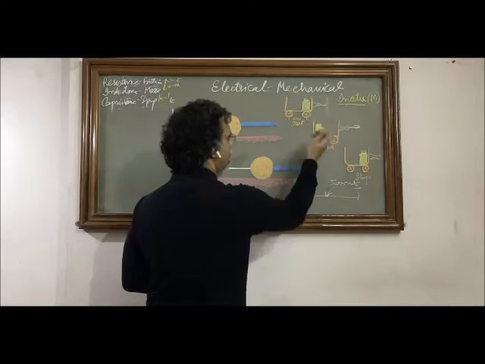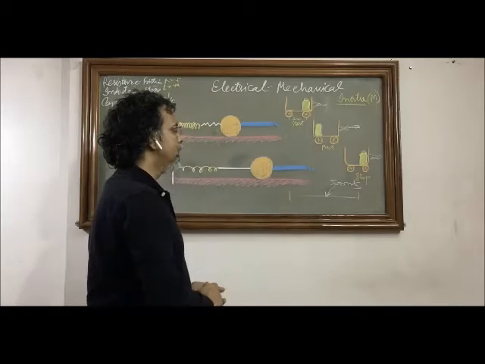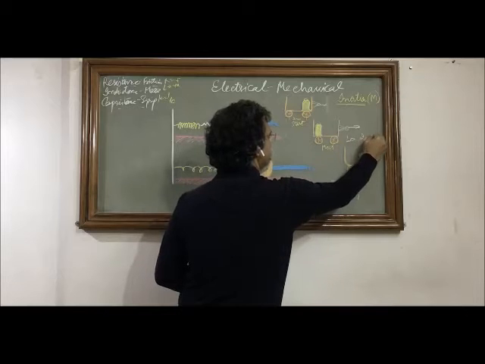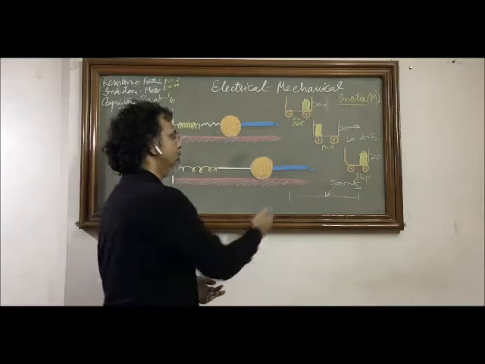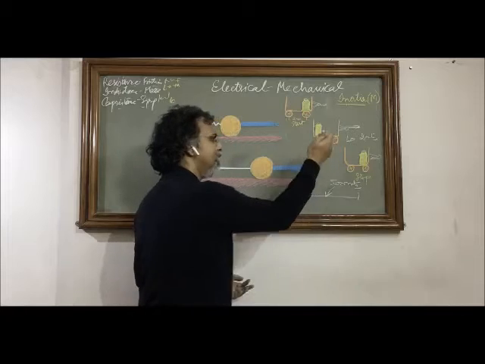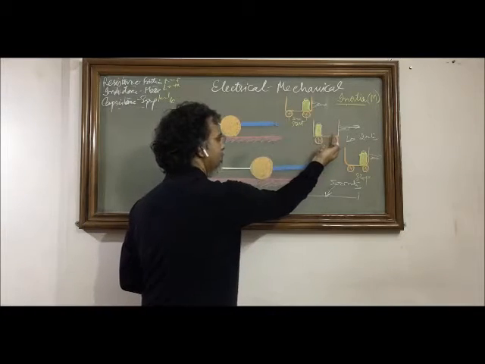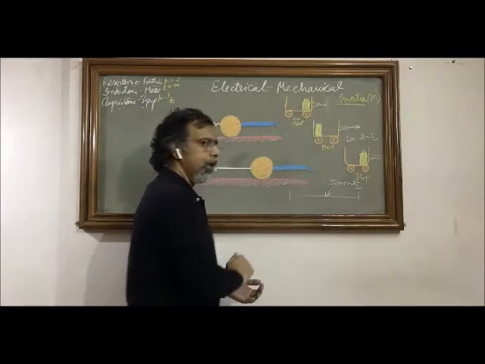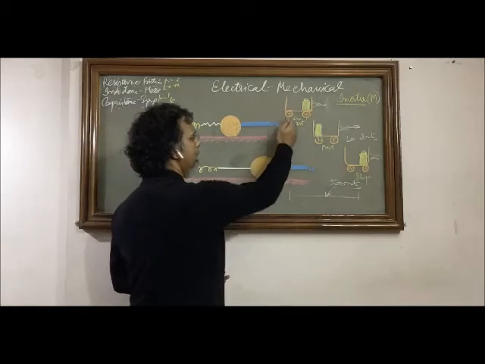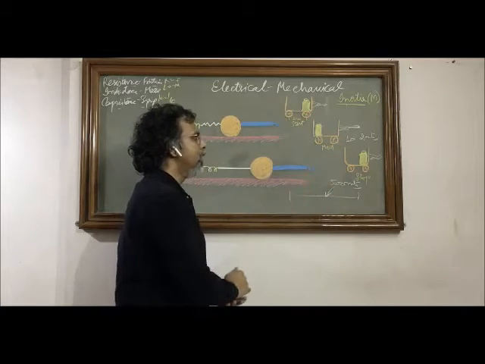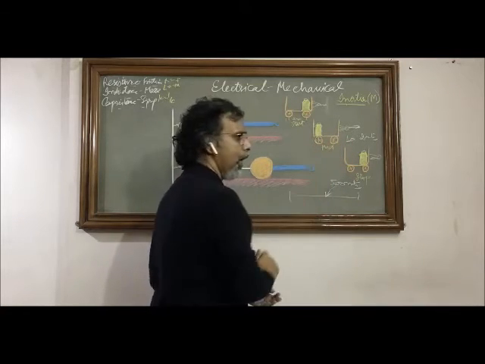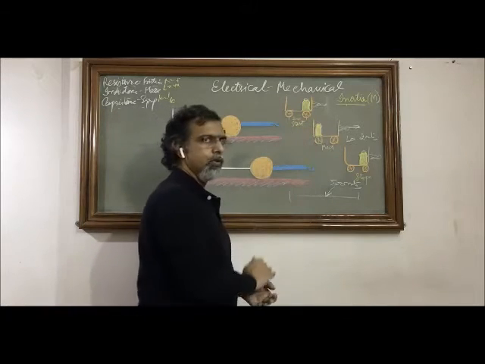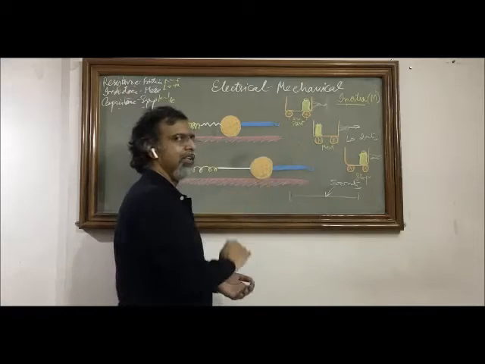In between, at any point of time, if the front wheel has traveled 100 meters or 200 meters, the container has traveled 2 meters less than that distance from the initial position, because it has come 2 meters behind, to the rear wheel point. So at any moment, if the displacement of the cart is 200, 300, 400 meters, the displacement of the container is 2 meters less than that.